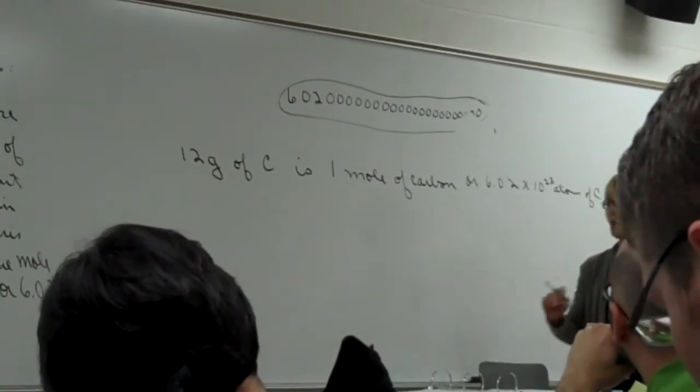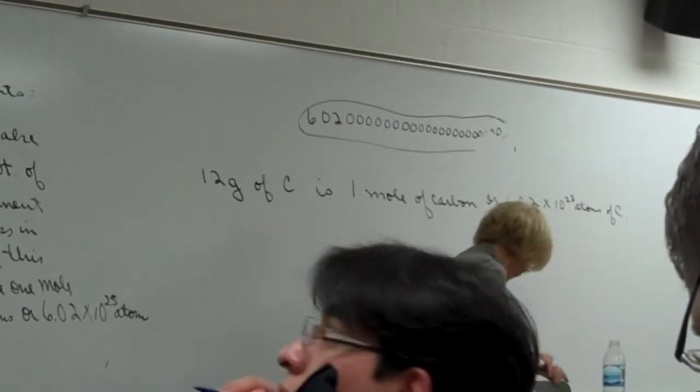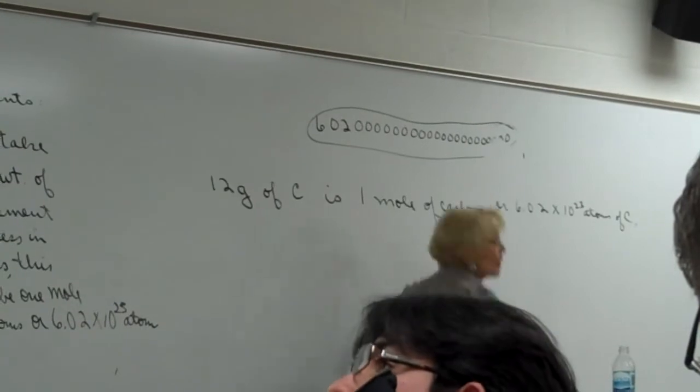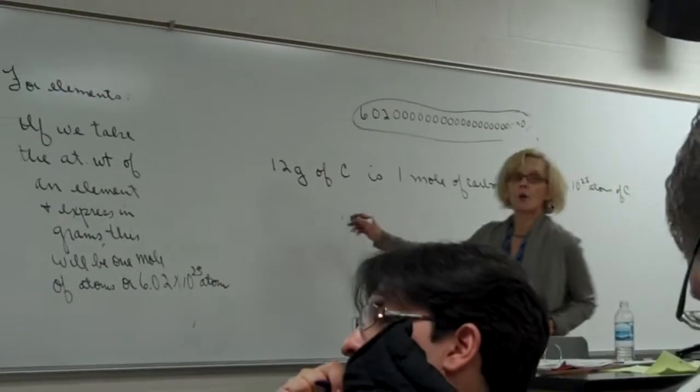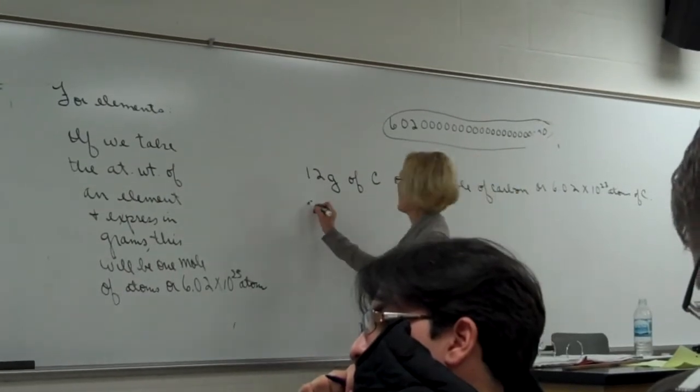Okay? Now, let's take magnesium. Look up there on the magnesium. 24. So, if I want a mole of magnesium, how much do I have to weigh out? 24 grams.